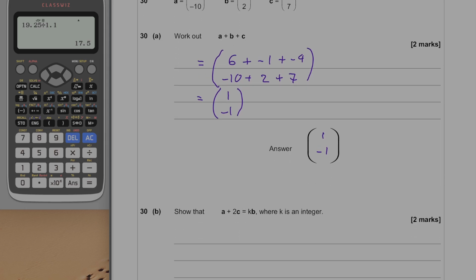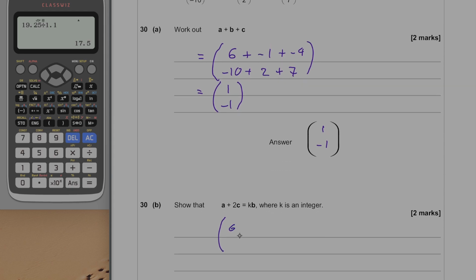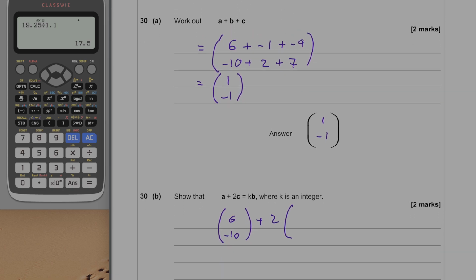Show that A plus 2C is equal to kB, where k is an integer. Okay, right, so 6, minus 10, sorry, plus 2 lots of B, which is (-1, 2).